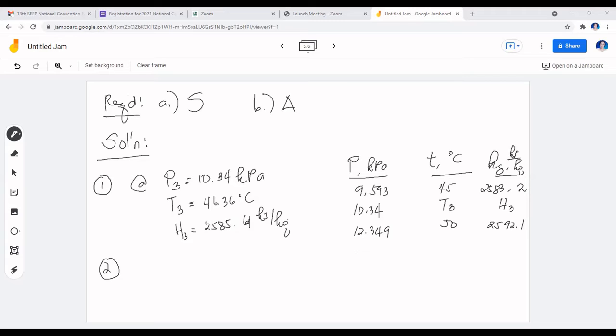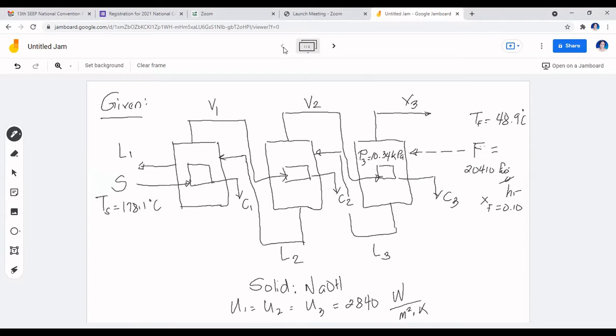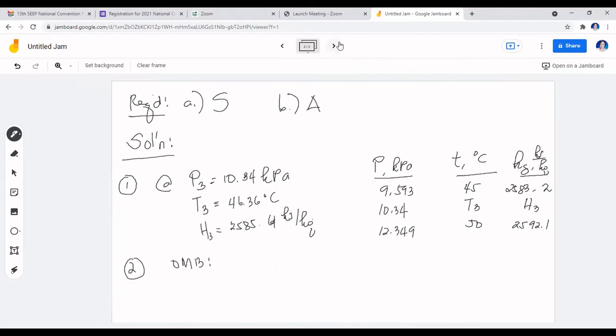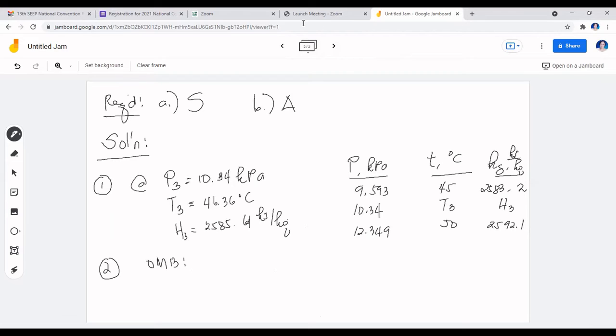So we go back to our board and you have overall material balance here. What would be our overall material balance in this case?